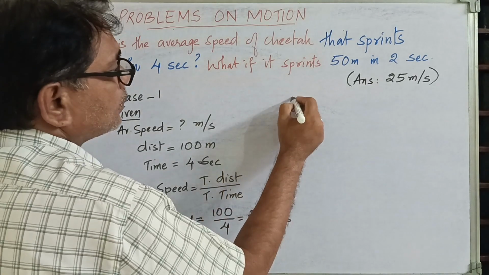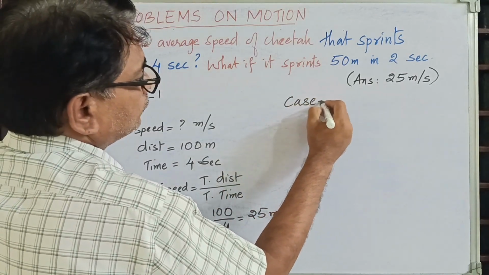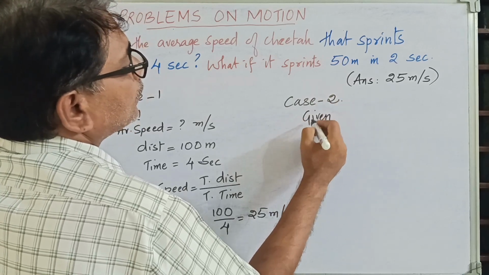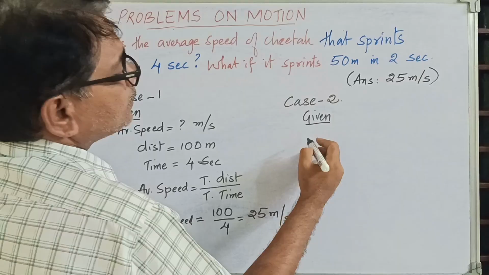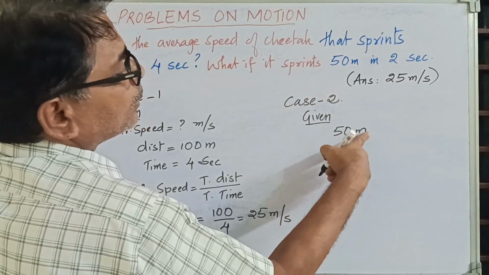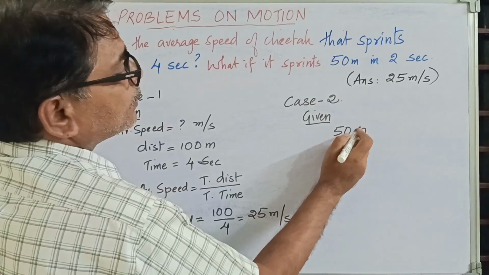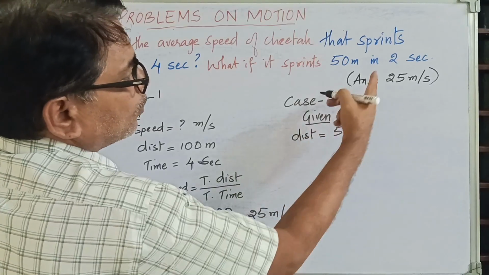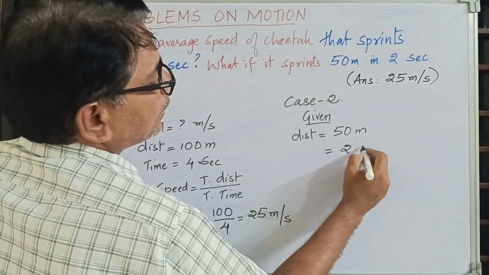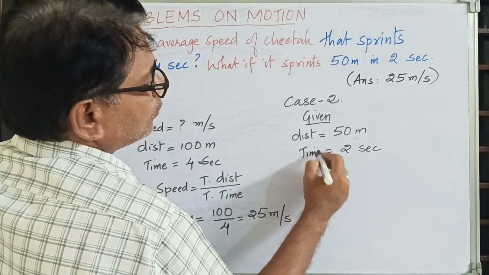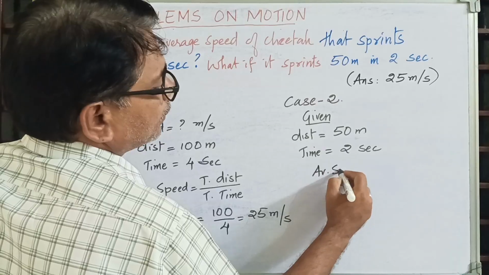Now coming to case 2. Again given. Yes, it is said that the cheetah can sprint how much? 50 meter. Again it's a unit for length. Nothing but distance here. What is 2 seconds? Second is a unit for time. So he is giving you time again. So you have to find the same average speed.